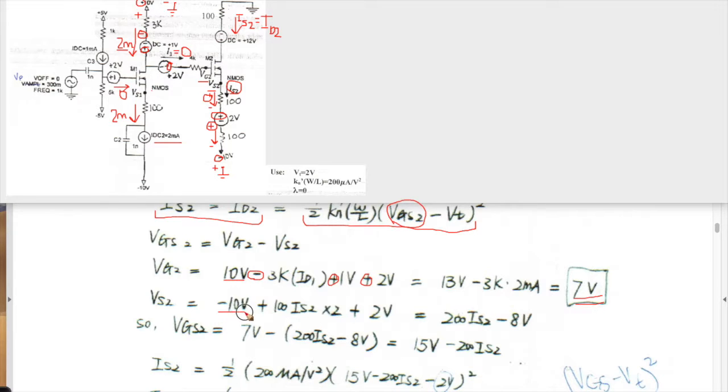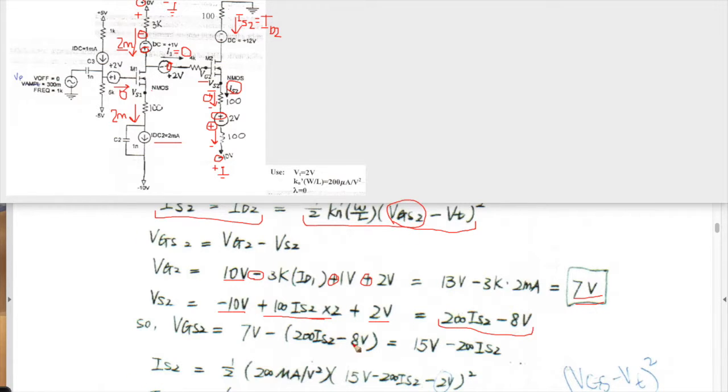And so again, minus 10 plus, and then a plus 2, and this just combined the 200s, so you have 200 times IS2. So here's our equation for IS2.